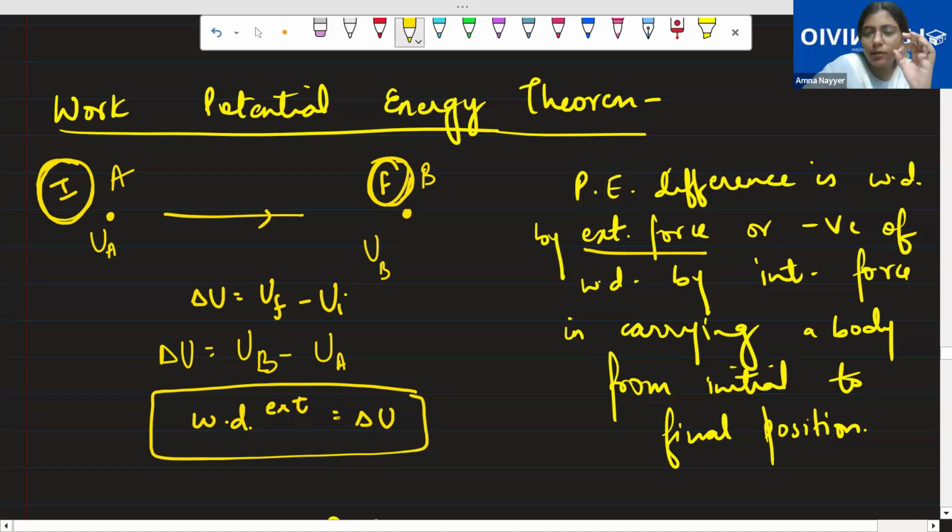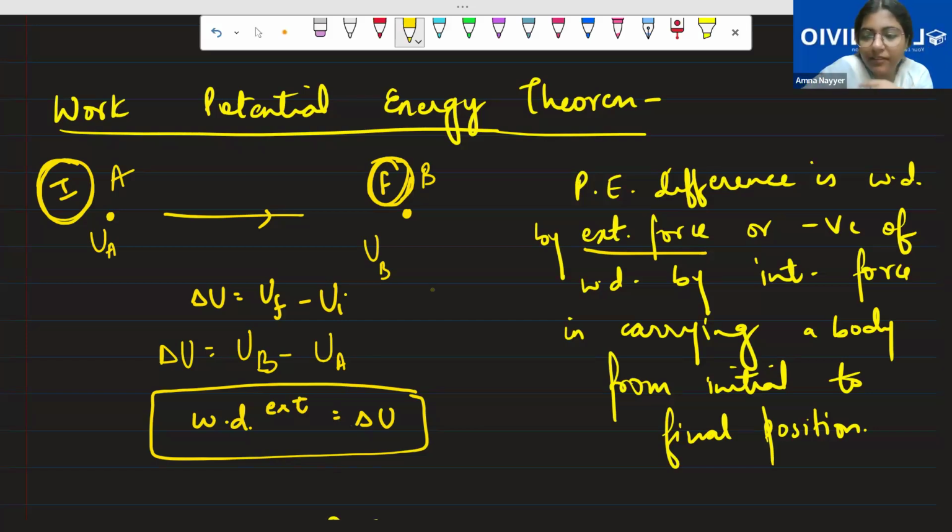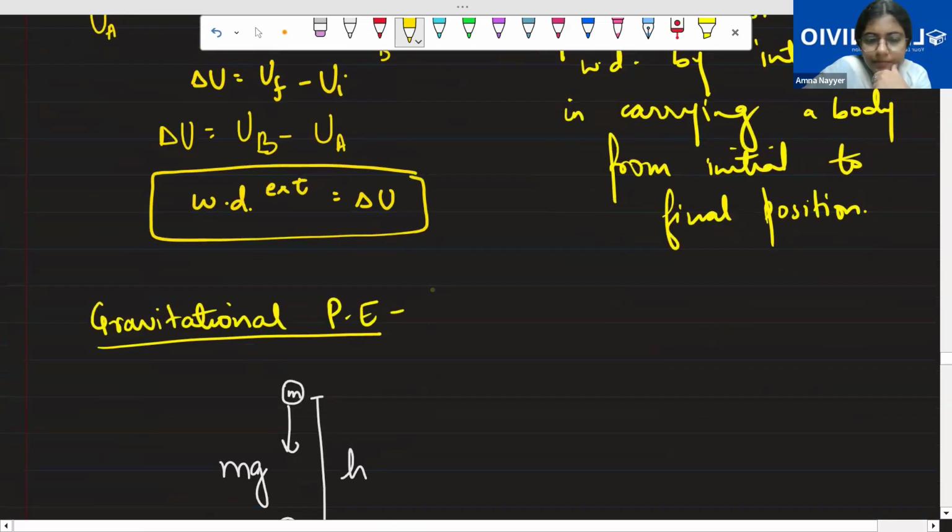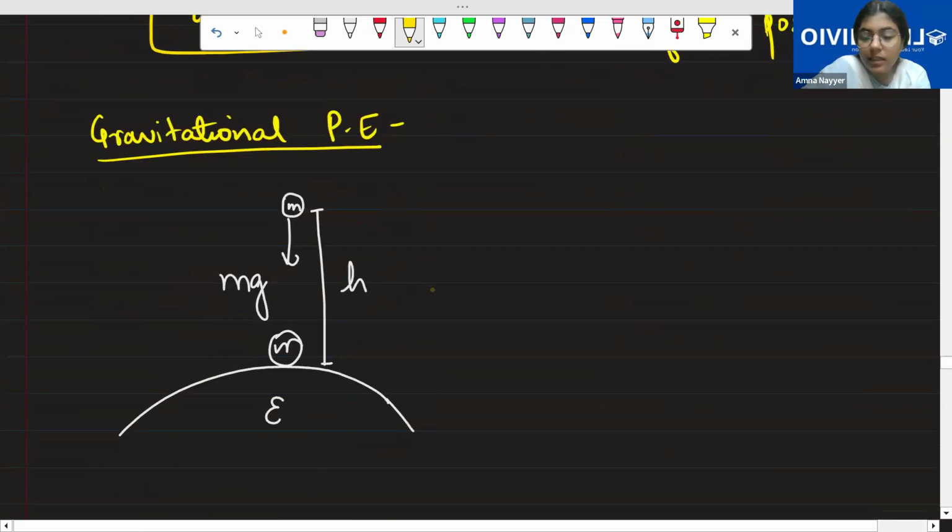Okay, now there was a specific formula of gravitational potential energy that you all have done. MGH, remember? MGH, anybody? Yes, ma'am. I want to write that. Yes, Hafsa?